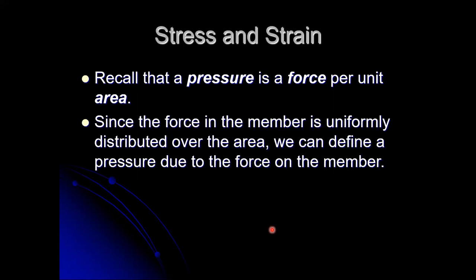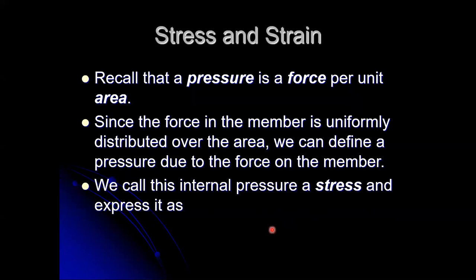So since the force is uniformly distributed over the area, we can define that pressure. And because the letter P is used for other things, and we want a unique letter to distinguish stress, we use a Greek letter. It's that funny looking thing here off to the left that looks sort of like a 9 fell over.